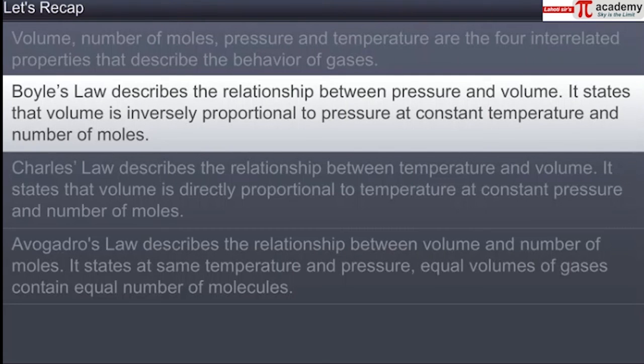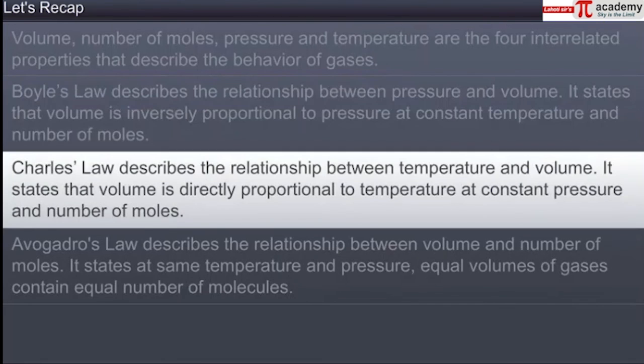It states that volume is inversely proportional to pressure at constant temperature and number of moles. Charles' law describes the relationship between temperature and volume. It states that volume is directly proportional to temperature at constant pressure and number of moles.